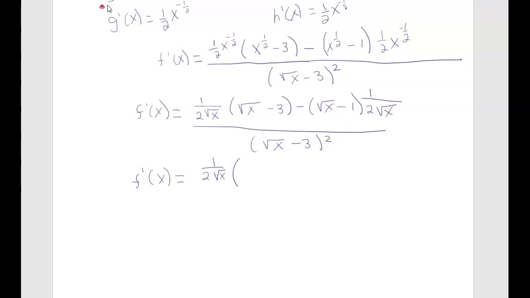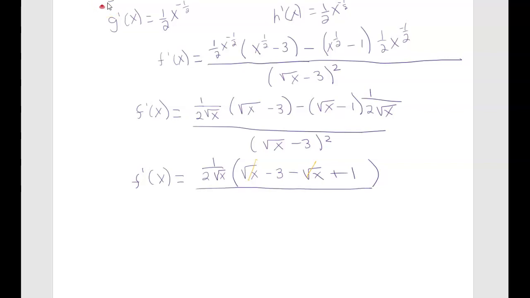And then that's going to leave us with all this inside here, this square root of x minus 3 minus square root of x plus 1. I just did that negative. And what's nice, as you can see, these actually cancel out. Left with negative 3 plus 1. So see what happens there.